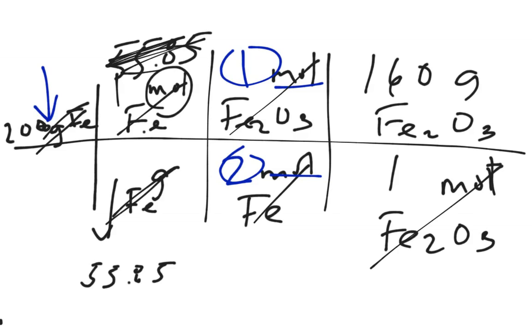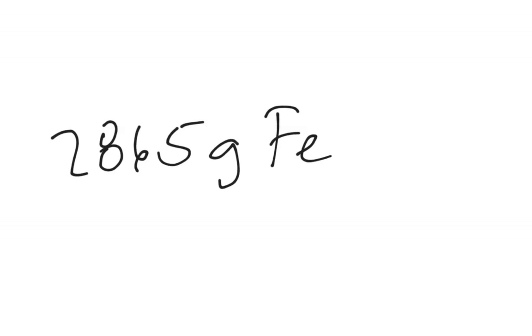So you're doing sig figs throughout here too. We can look through. I've got 2,000 divided by 55.85 divided by 2 times 160, which means that if I left a 2,000 gram car, so maybe a big remote control car, out in the lawn, and it totally rusted, I would end up with 2,865 grams of rust.